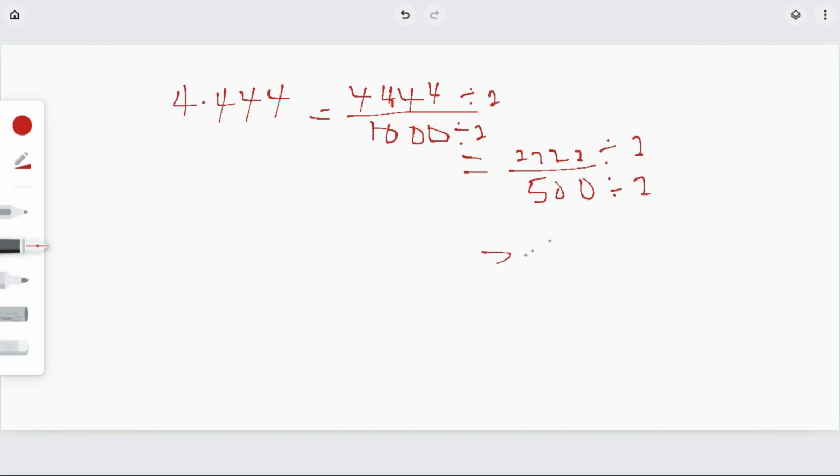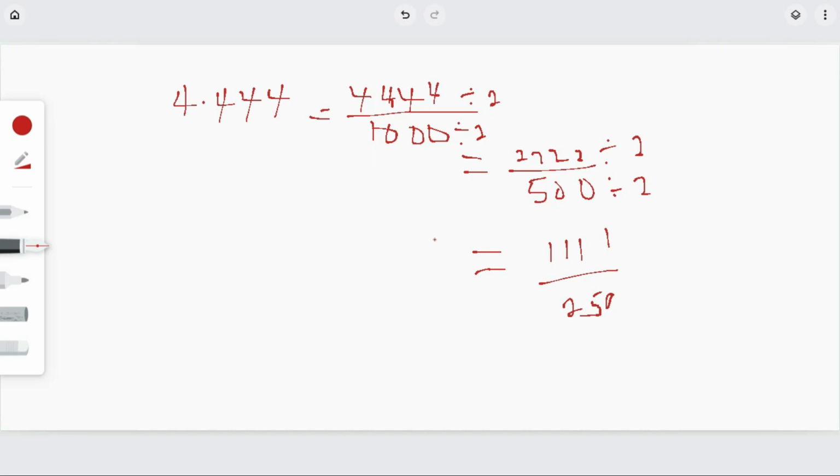So here we are going to get 1, and this is equal to 111 over 250. Nothing can go here without remainder.